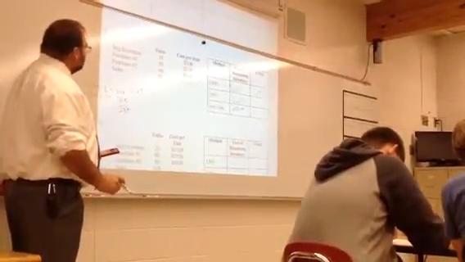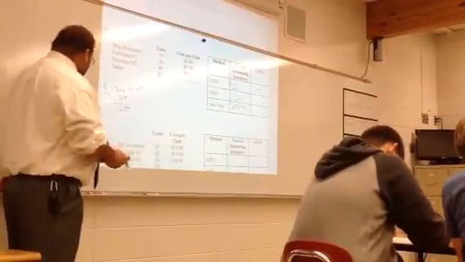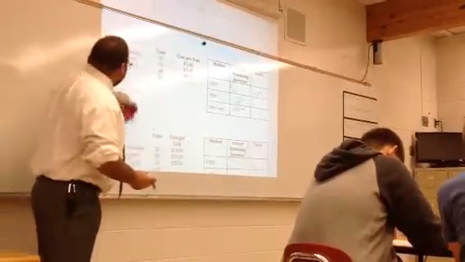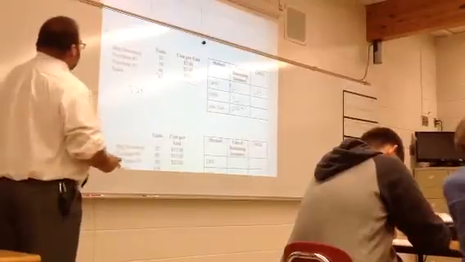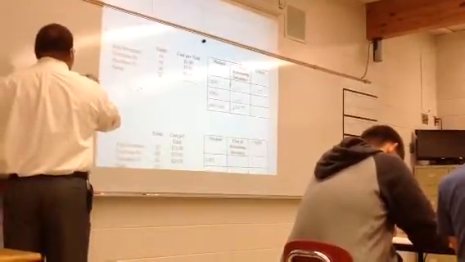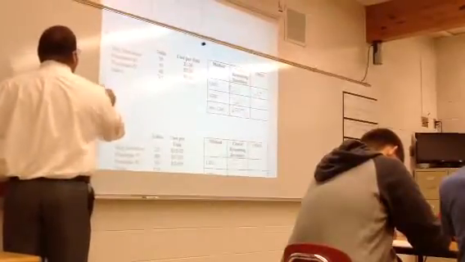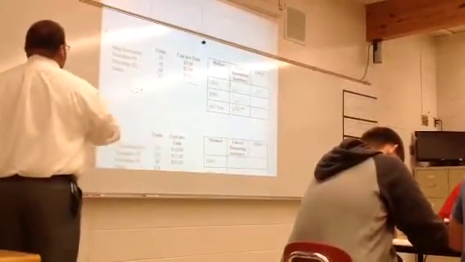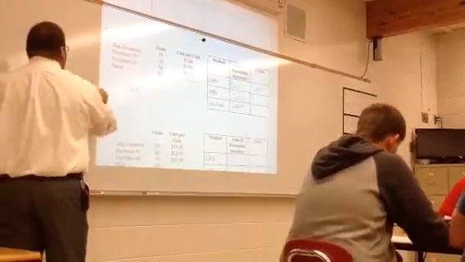Do the same thing for FIFO. FIFO method. You sold 85 units, you have to use all 35 of the beginning inventory, plus all of purchase 1.